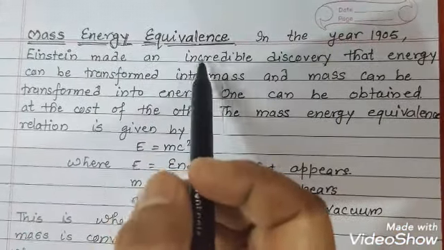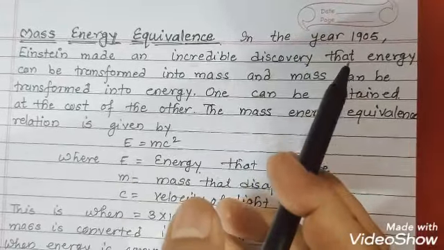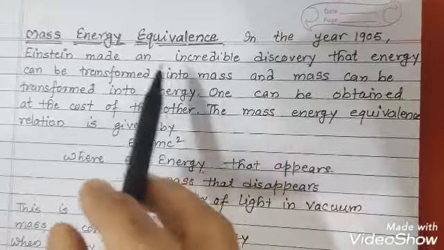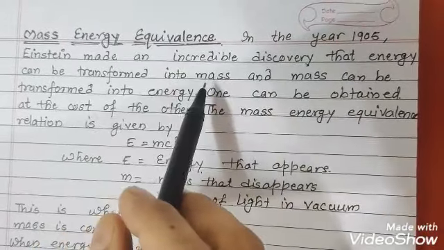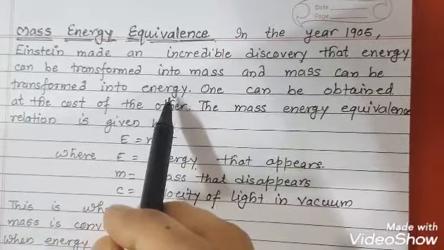Mass energy equivalence. In the year 1905, Einstein made an incredible discovery that energy can be transformed into mass and mass can be transformed into energy.